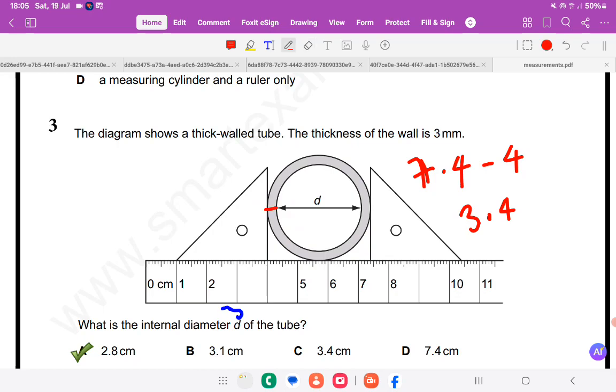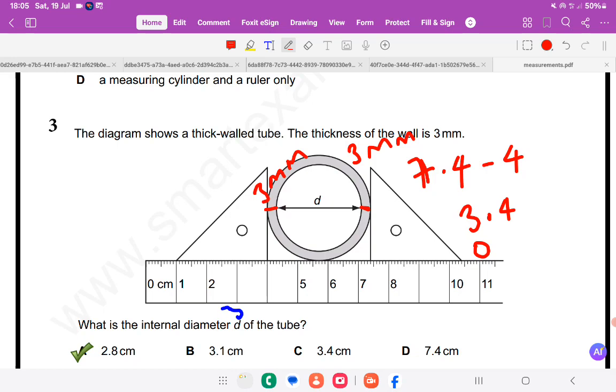So the thickness is 3 millimeters. This is 3 millimeters. This end is also 3 millimeters. Okay, so to find the internal diameter, therefore, we simply add the two thicknesses, which is 6 millimeters, and we convert to centimeters by dividing by 10.